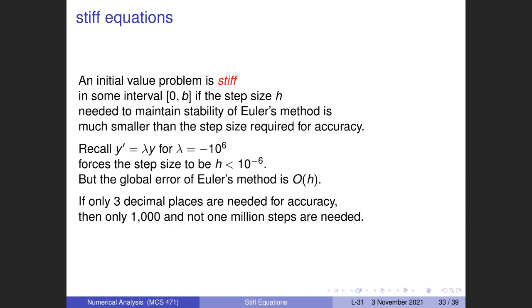The Euler method is order h in accuracy, global error. So if we need 6 decimal places, then we need 1 million function evaluations. But if you have a problem that is stiff, the step size needs to be a lot less. This is explained here in words one more time.